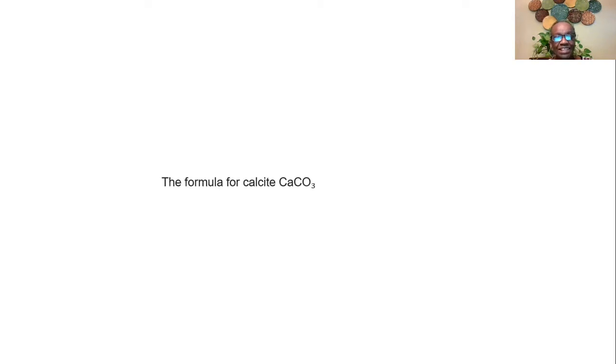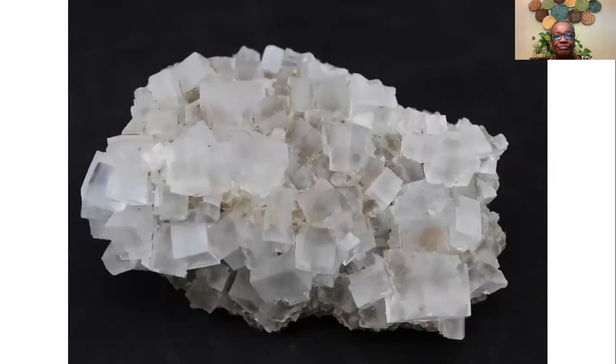All right. The formula for calcite is CaCO3. Any formula that I put on here for you, that's the formula that you would need to know. So right now you only need to know two: quartz, SiO2, and then calcite.